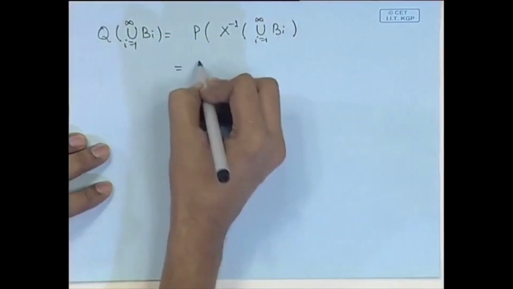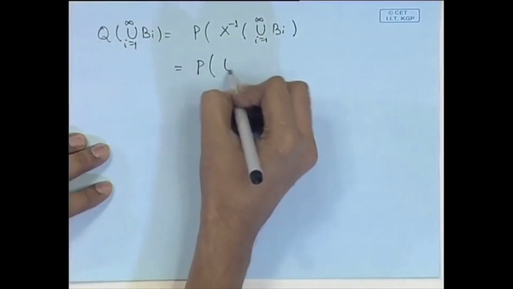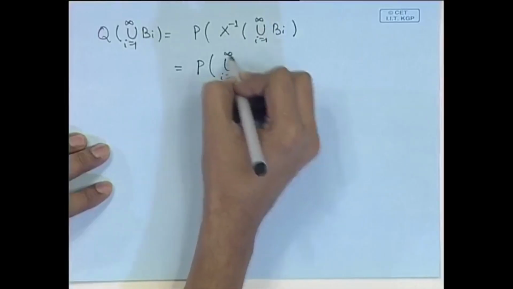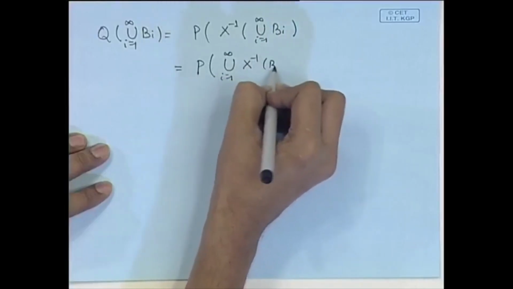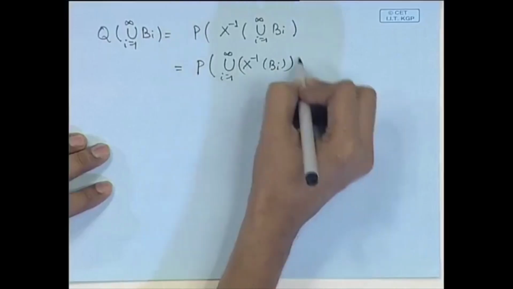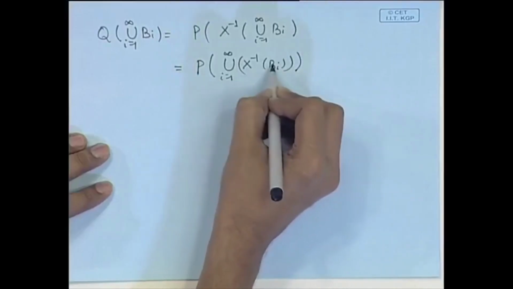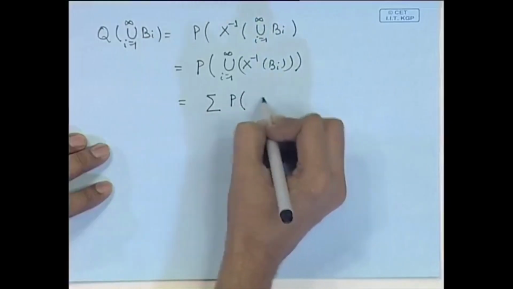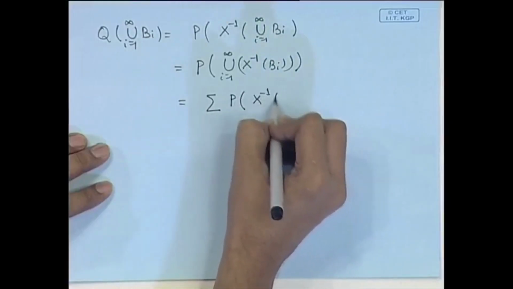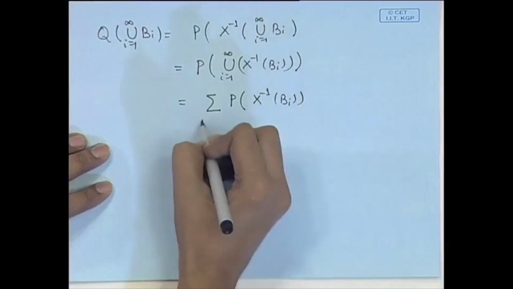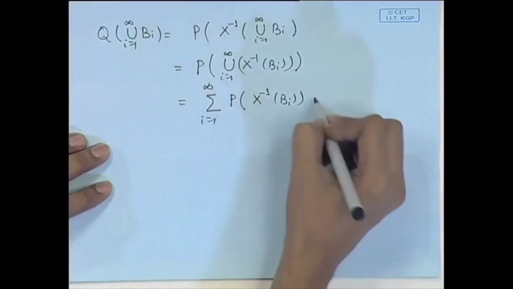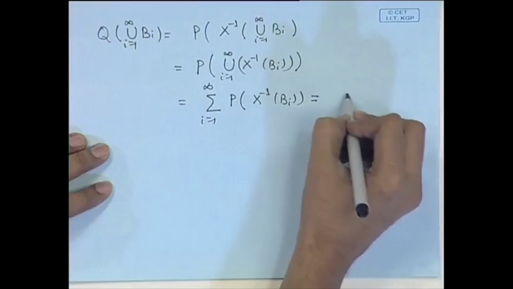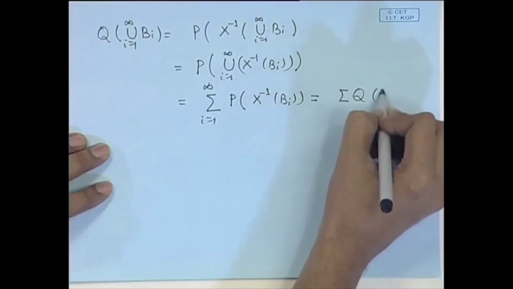By the definition of inverse, if B_i's are disjoint, then X^{-1}(B_i)'s are disjoint, and therefore, by applying the countable additivity axiom, this is exactly equal to the sum of Q(B_i).